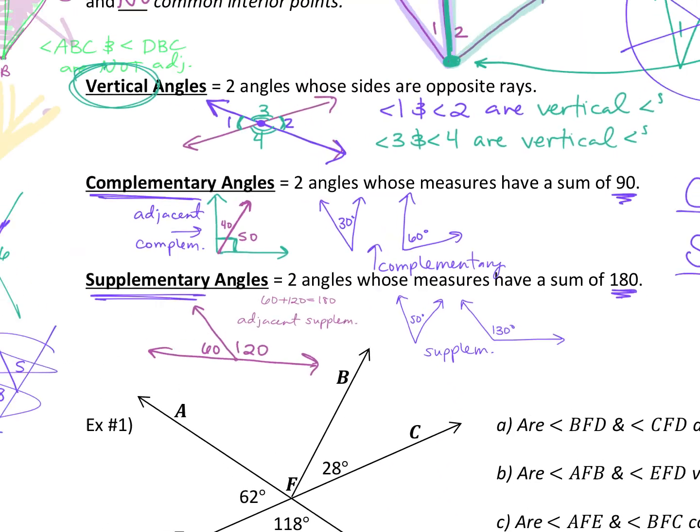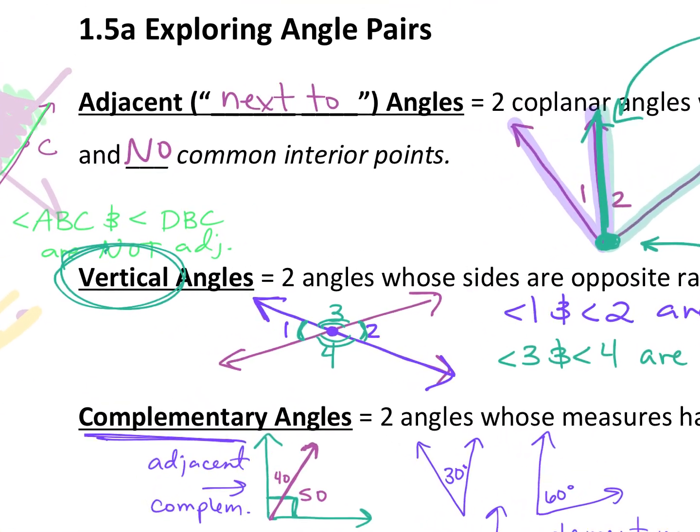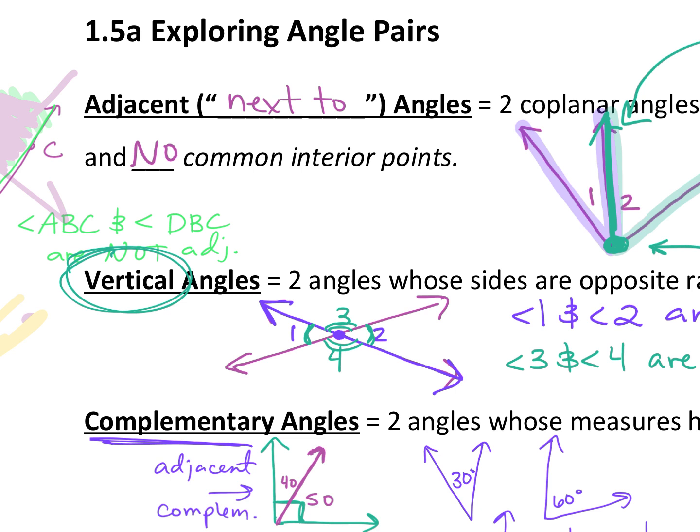Okay, quick recap. Somebody explain to me, not in the words there, what adjacent angles are. Forrest? Two angles that are next to each other. Two angles that are next to each other, but have nothing else in common but their side and their vertex, okay? Somebody else tell me what vertical angles are.